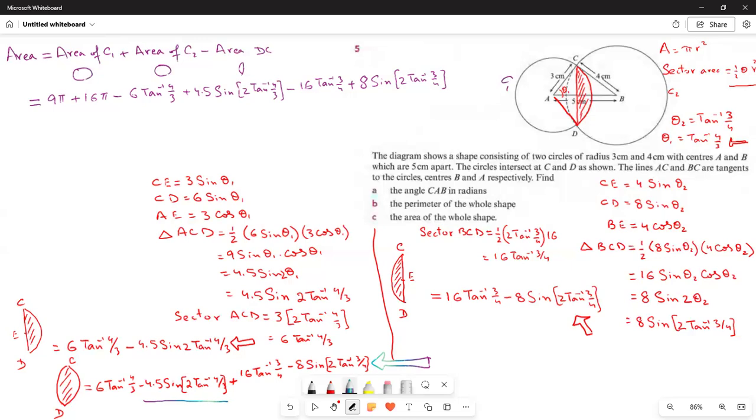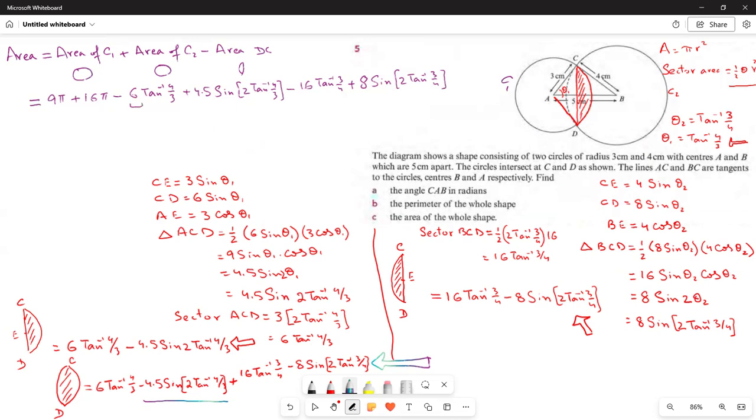So this is 8 plus 4.5, minus 16 and minus. Is this 6 or is this 9? I solved it before and somehow I put 9 here.